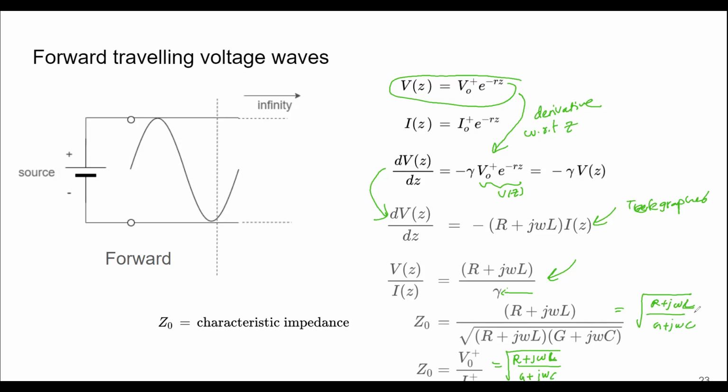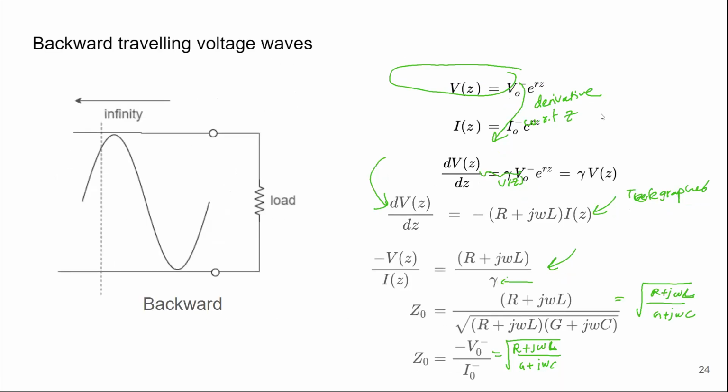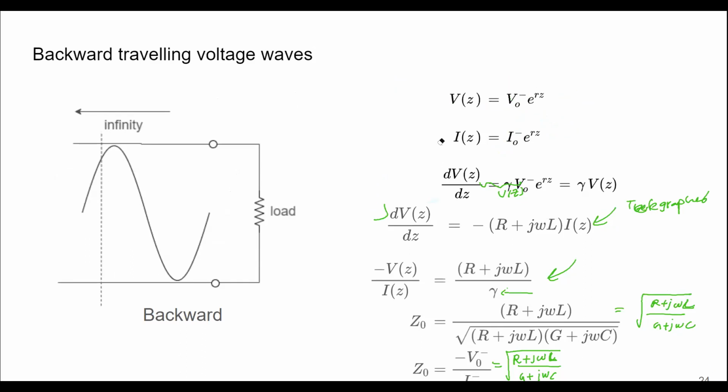Right, so we have these equations. Similarly, we can consider the backward going voltage as well, take the ratio between the backward going voltage and backward going current, and derive the expression for Z naught in a similar manner. We can derive that Z naught is equal to minus V naught minus over I naught minus.